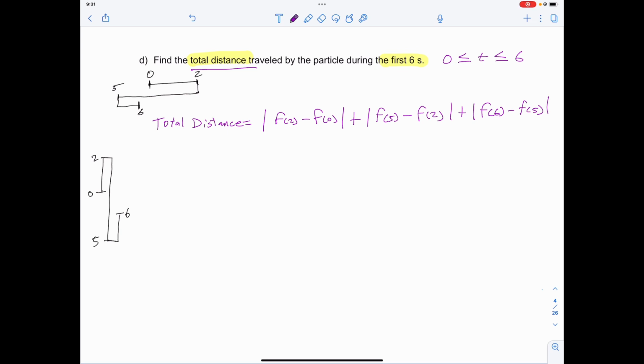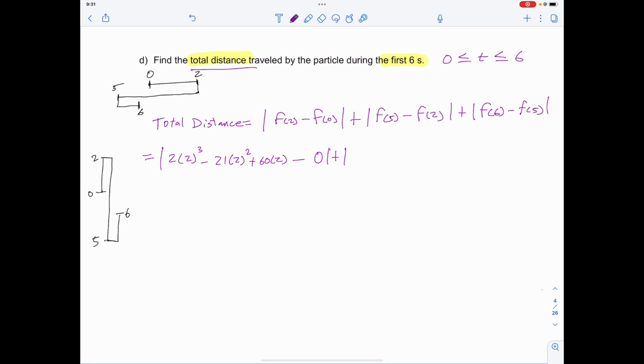So I'm saying that the total distance is going to be f of 2, which we know is 2 times 2 cubed minus 21 times 2 squared plus 60 times 2 minus f of 0. Well, at 0, no change has taken place.